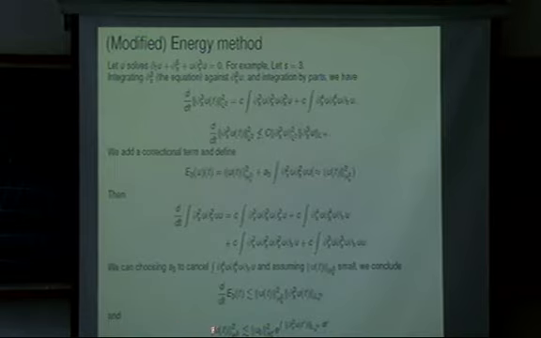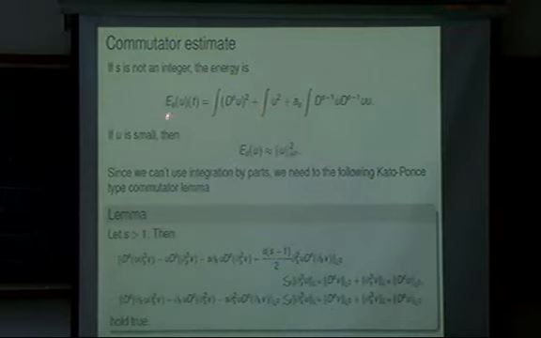So I just presented the theory for S equals 3, which is a classical derivative. If S is a fractional derivative, we should use the commutator estimate. Because for the fractional derivative, integration by parts is impossible.